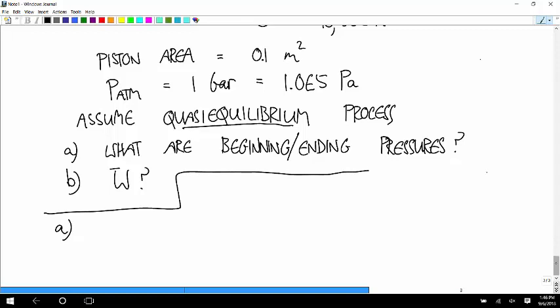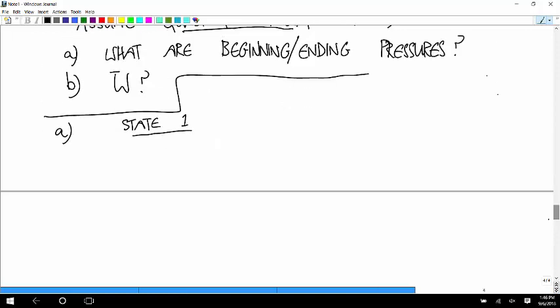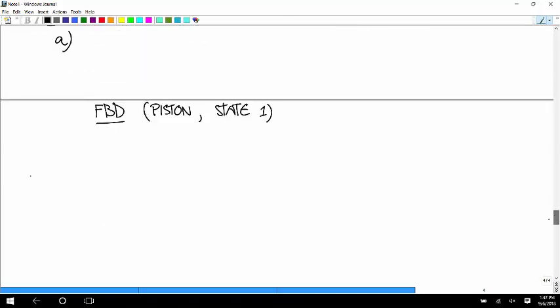Okay, so what are the beginning and ending pressures? So state one. Let's isolate the piston. At state one, there's no force provided by the spring.